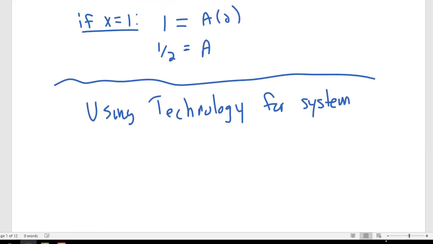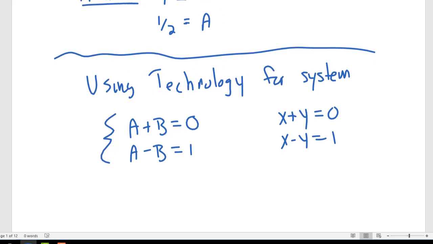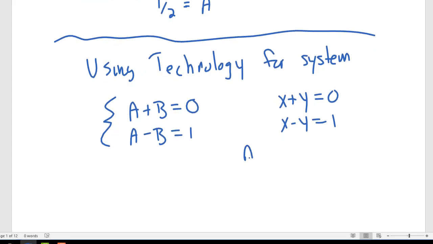We had a plus b equaling 0 and a minus b equaling 1. I want to step to the side for a second and talk about how, in a pre-calculus course, if we had the system x plus y equals 0 and x minus y equals 1, we would put that into a matrix form. The terminology we used in that class is that we wrote the augmented matrix.